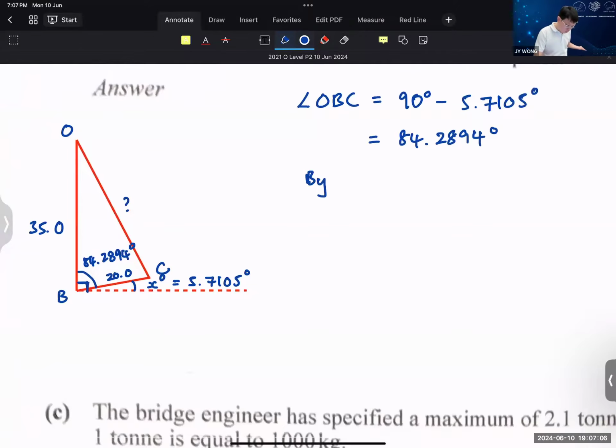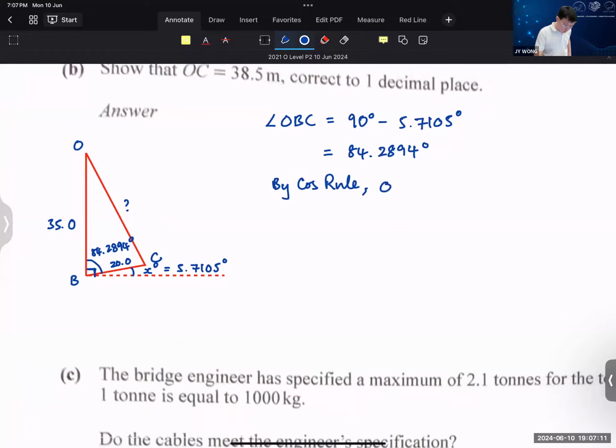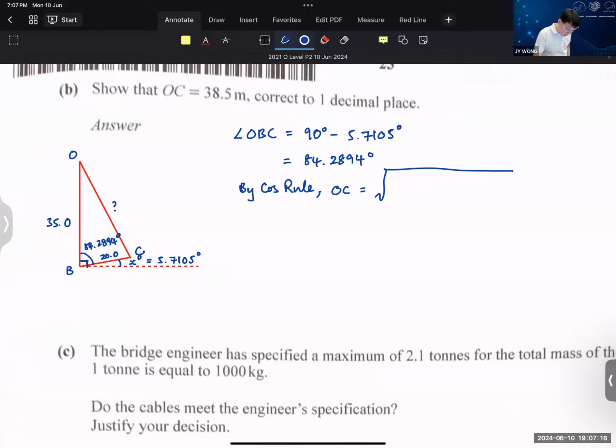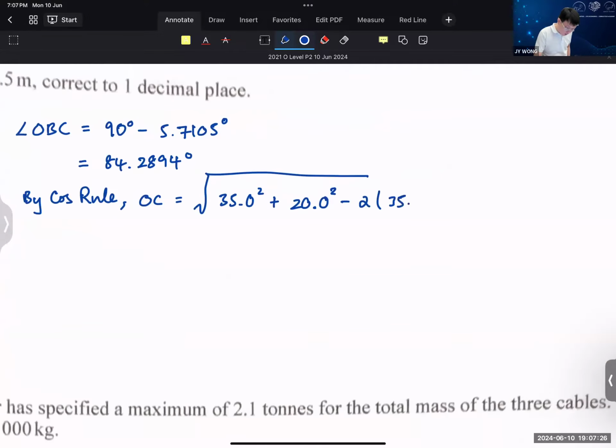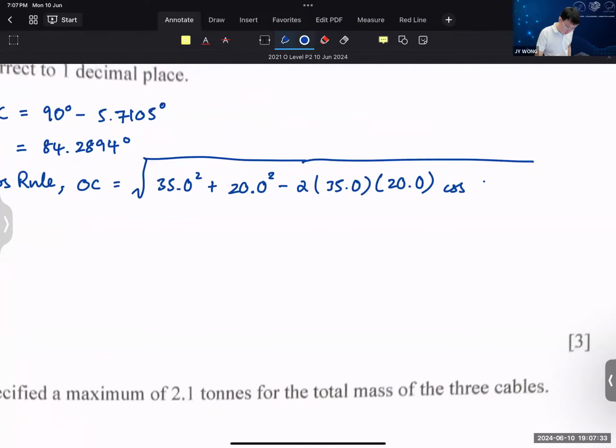So by cosine rule, OC is equal to square root of 35.0 squared plus 20.0 squared minus 2ab cosine C. And then you just press your calculator.